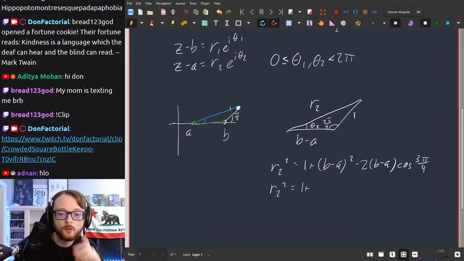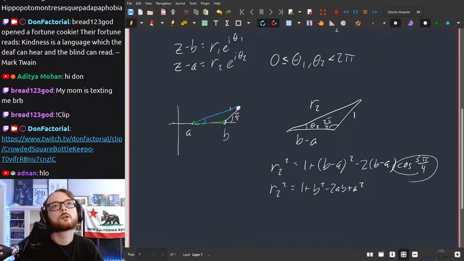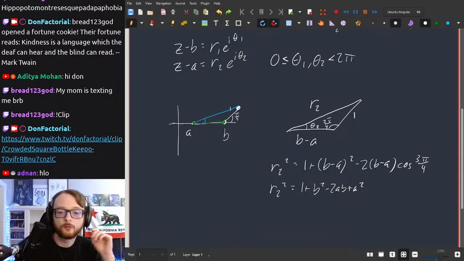Nope. B squared minus 2ab plus a squared. Cosine 3 pi over 4, negative root 2 over 2.